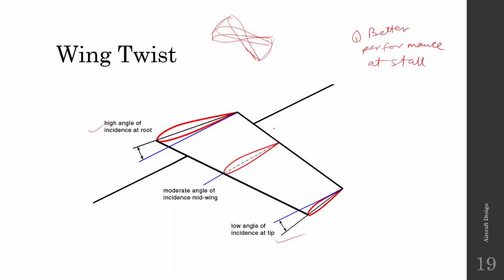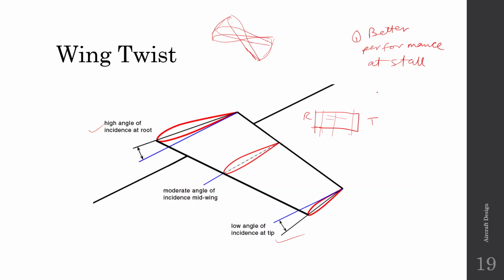As you know, if you have a wing without any twist, this is the root, this is the tip, and the wing is about to stall, then the entire wing will stall together, at the same time. So this is the default thing.